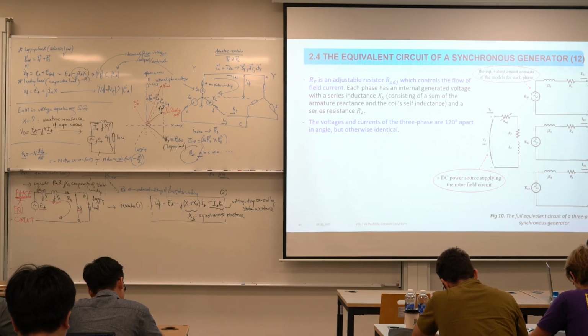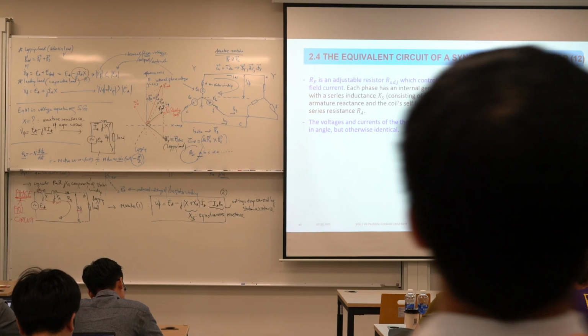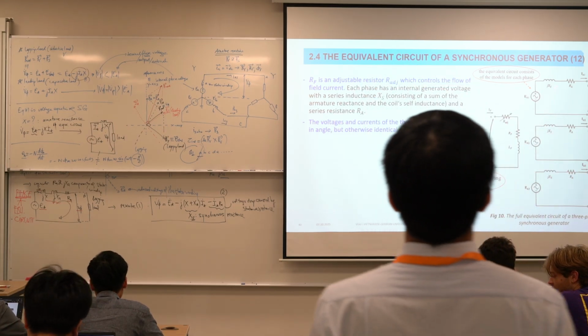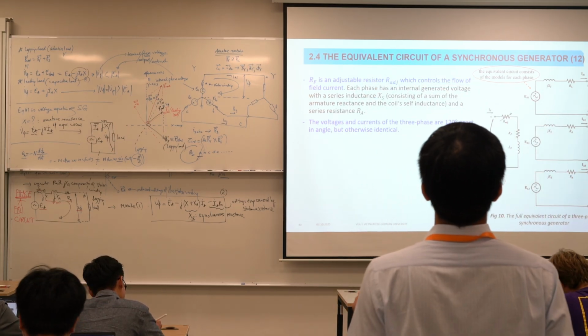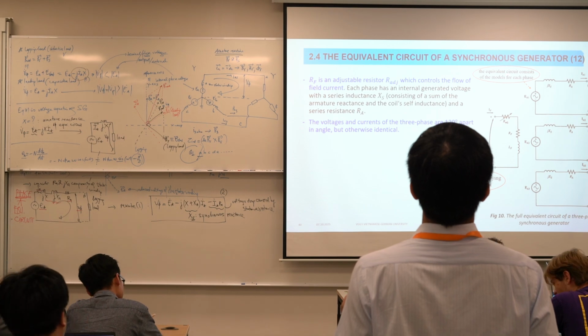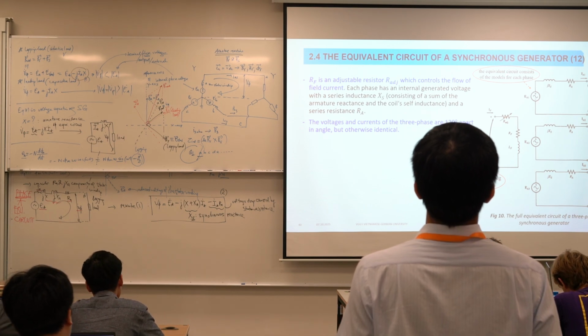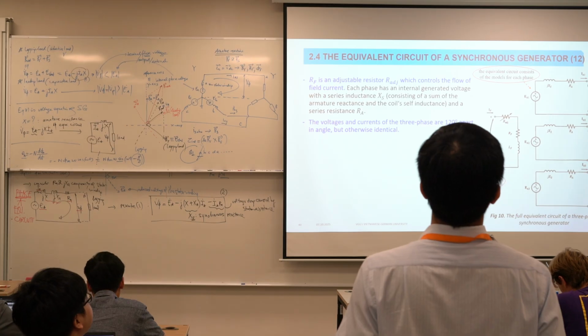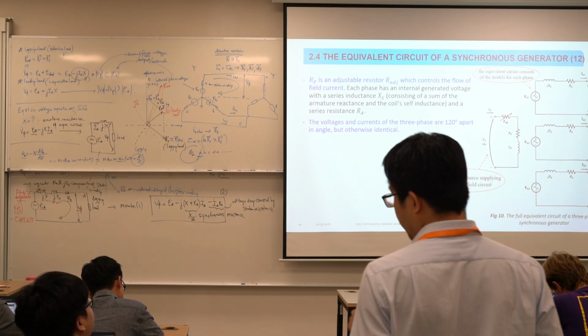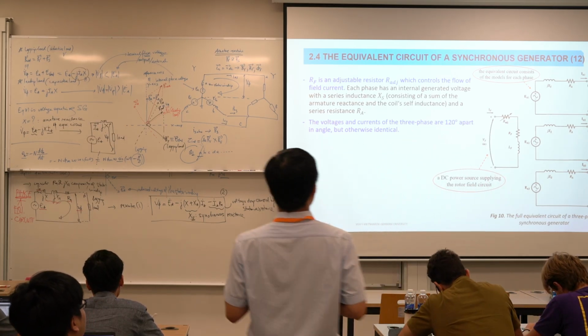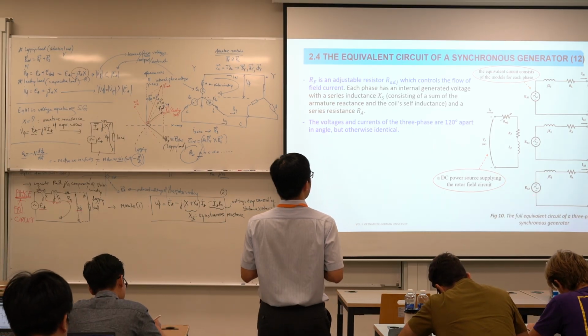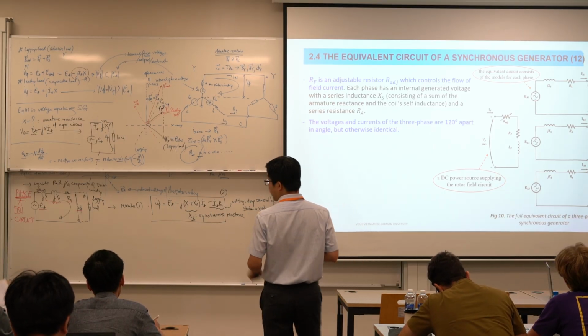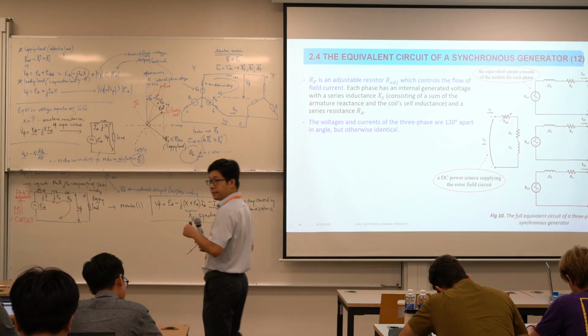Continue. So here we have the phase A equivalent circuit, right? The equivalent circuits consist of the models for each phase: phase A, phase B, and phase C. Sometimes we say phase A, B, C, sometimes we say L1, L2, L3, where 1, 2, 3 mean A, B, C respectively.